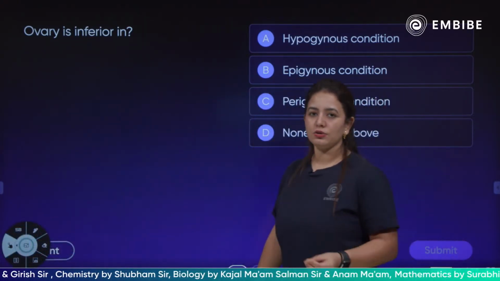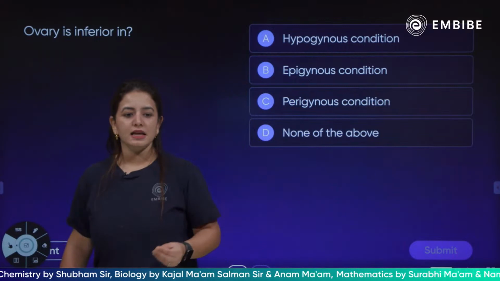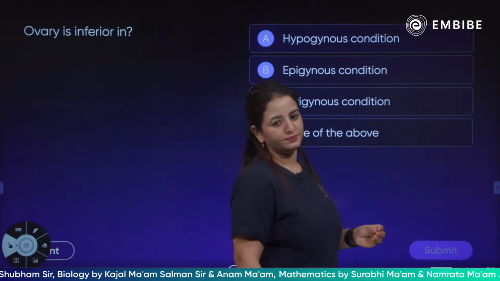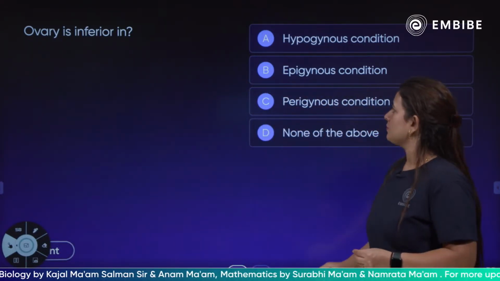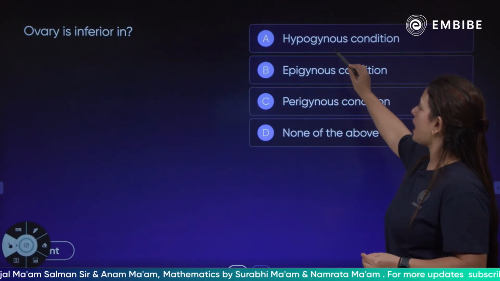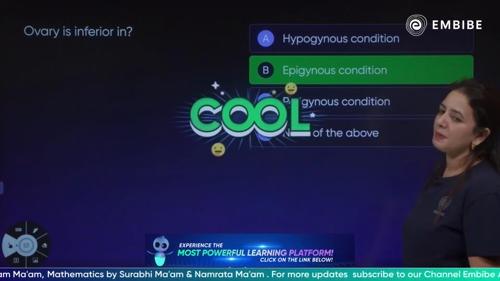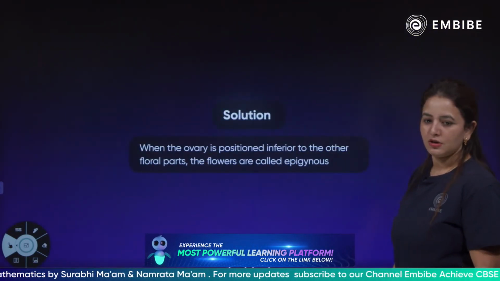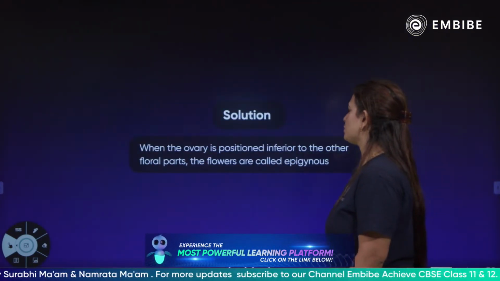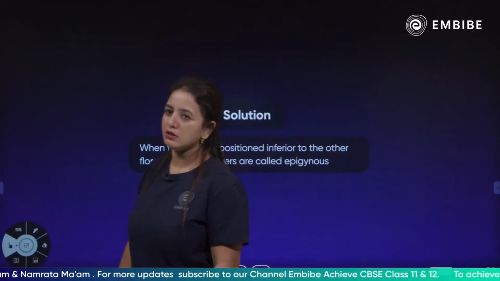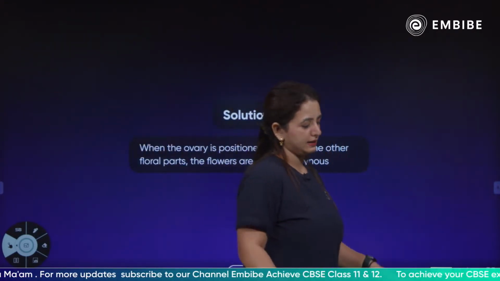I don't know the answer, you need to tell me. We know hypo means high. The ovary needs to be inferior in the epigynous condition. The ovary is positioned inferior to the other parts, and all the floral parts are just above it.